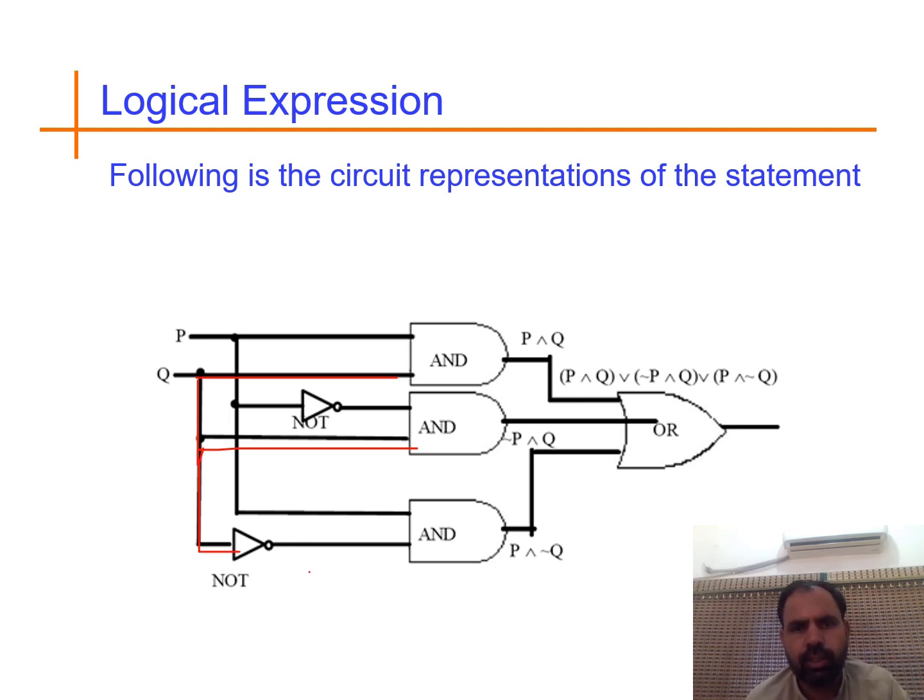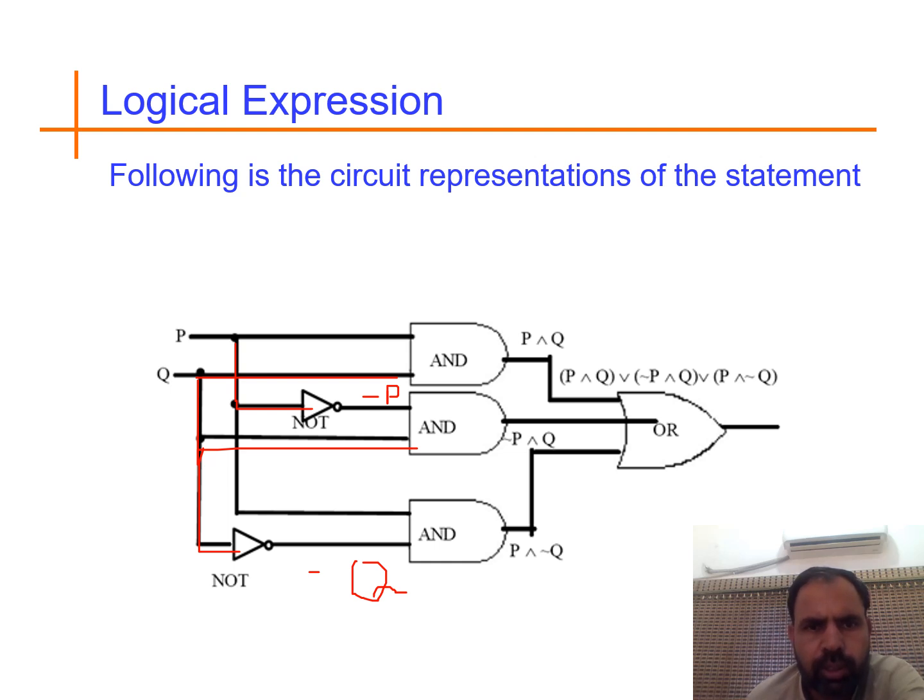So here is negation Q. Understand? And if P connects with this, here is negation P. And this one is for Q.